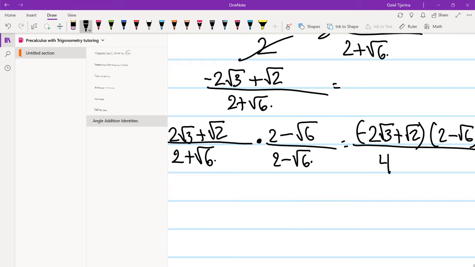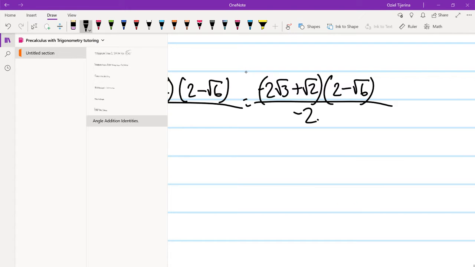So then you would say negative 2 square root 3 plus the square root of 2 times 2 minus the square root of 6 over negative 2, and that would be your final answer, I believe.